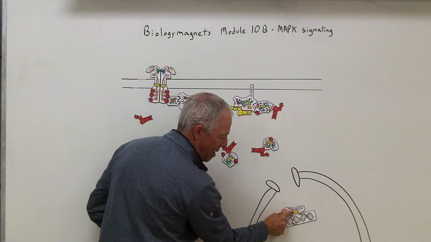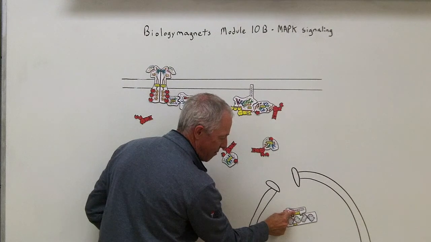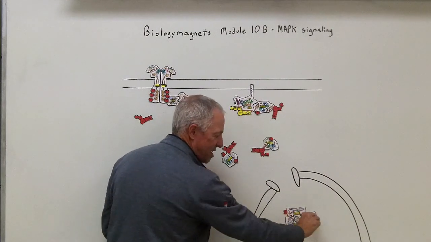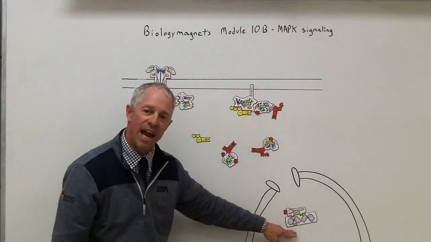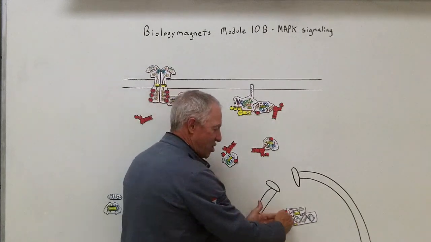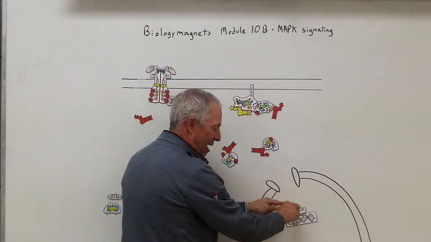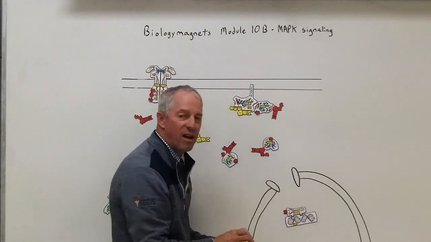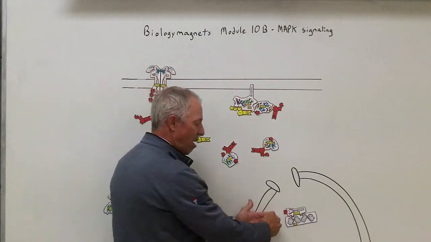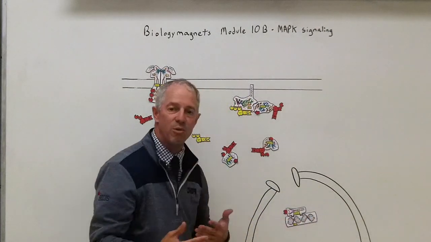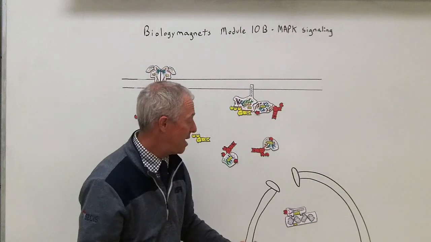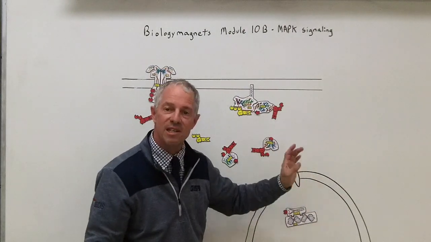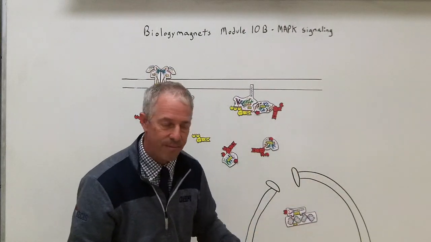And we can see it bind there. It fits nicely. And this DNA, this gene is called AP1. And the binding of this Phos-Jun transcription factor causes the AP1 gene to be transcribed and translated, and that will make proteins that cause the cell to divide.